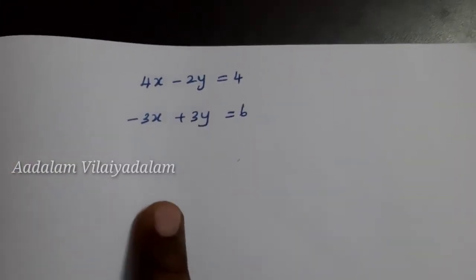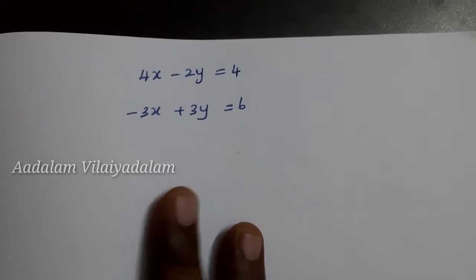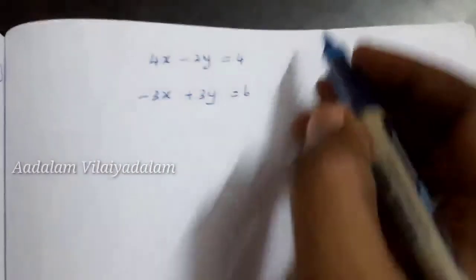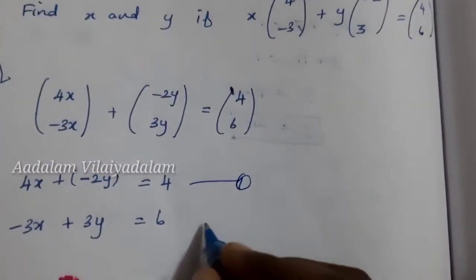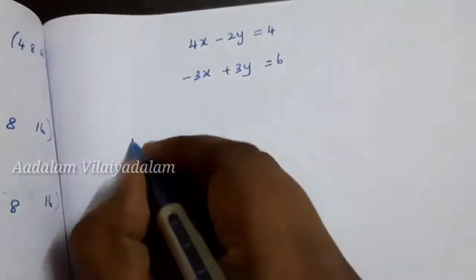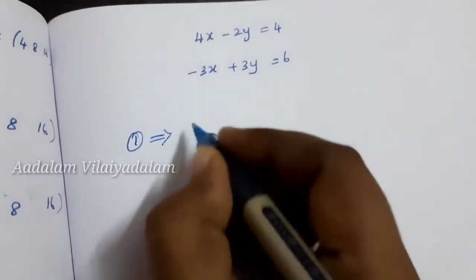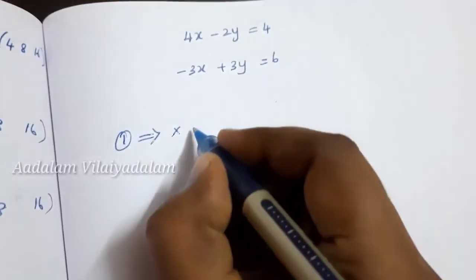Now, let us solve the equation. Take this as equation 1 and equation 2. Now, with equation 1, we can multiply by 3.